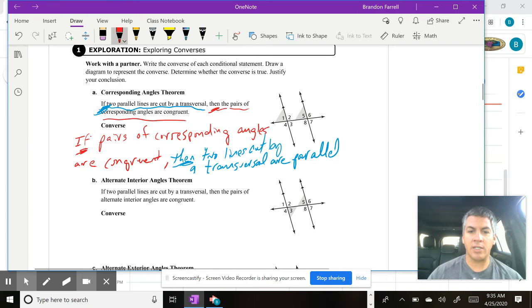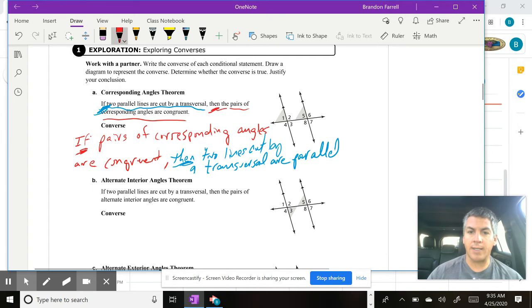If you're taking notes on 10.3 and you're looking to figure out what we're trying to do in this section, it's to say, I have two corresponding angles congruent. That means that if those corresponding angles are formed by cutting a pair of lines with a transversal, those lines are going to be parallel.